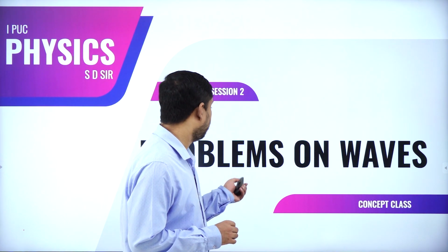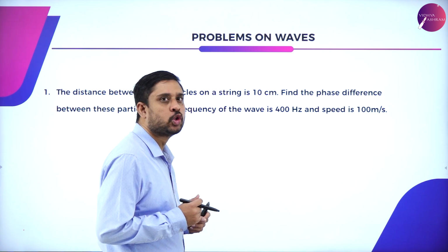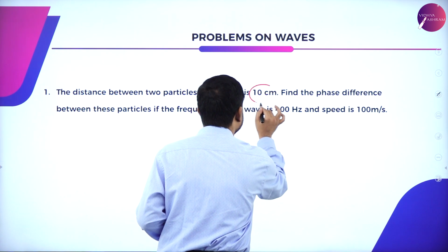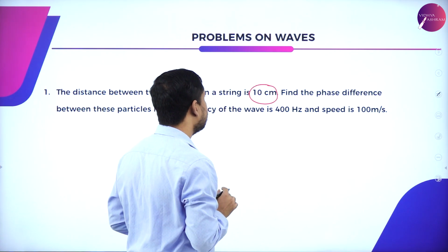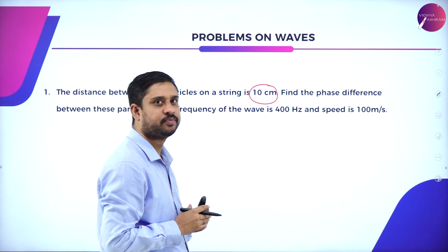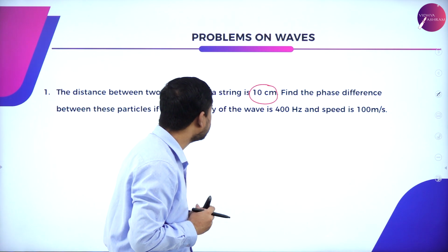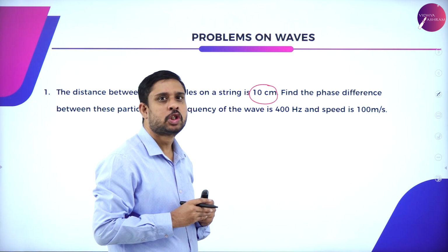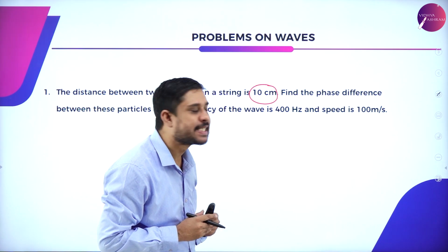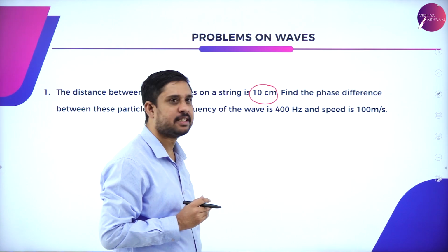The first one: the distance between two particles on a string is 10 centimeters.